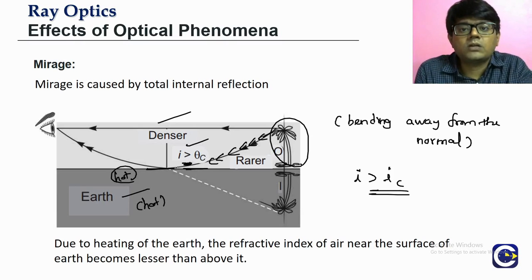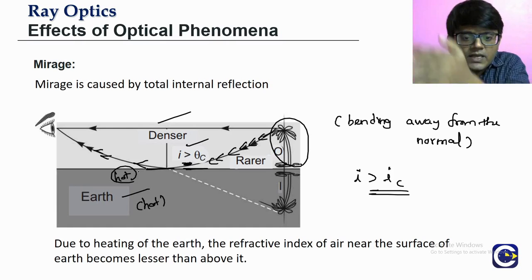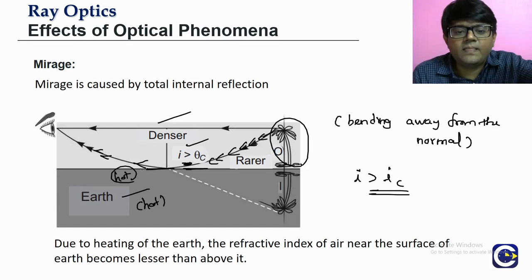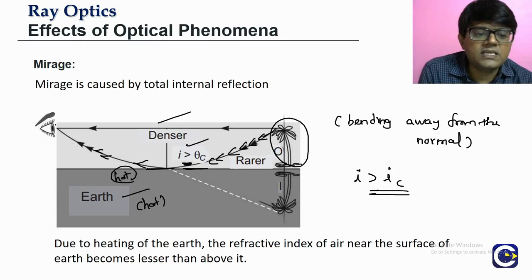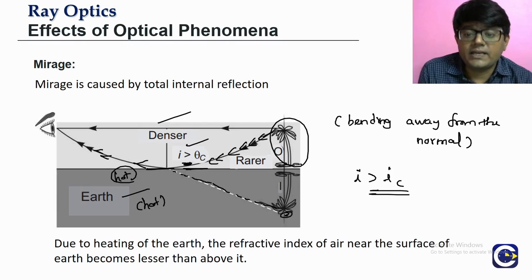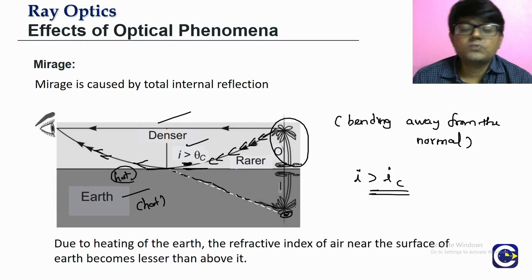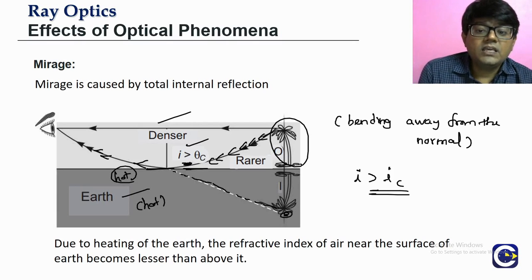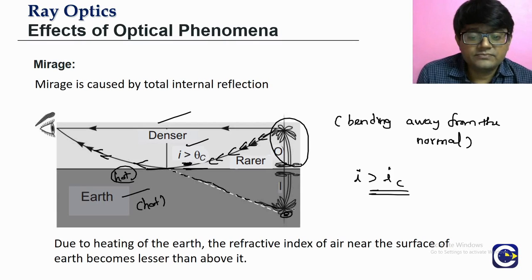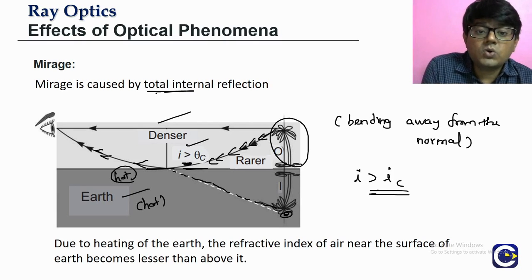They would undergo total internal reflection. So the light rays will be bending onto the same side, and as a result, our eye will see as if the light ray is coming from a point over here. This is what we will perceive as the image of the head of the tree. So this is a perception, and this is happening because of total internal reflection.